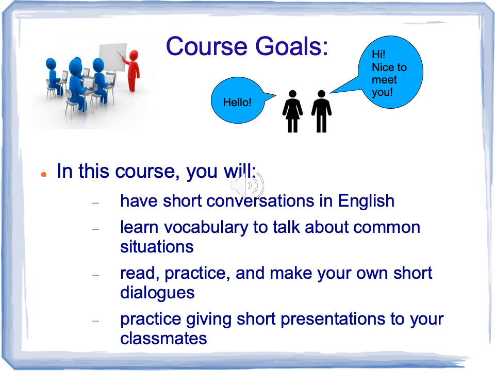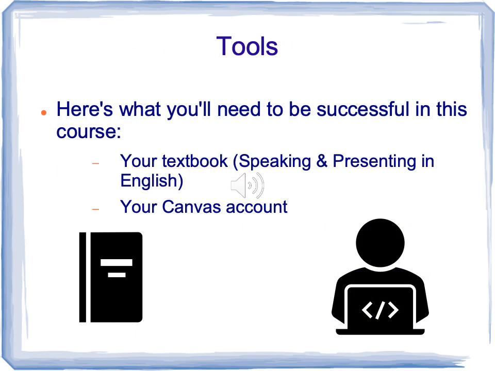Next, we'll talk about tools. So, what tools do we need to be successful in this course? Of course, you need your textbook. The textbook is called Speaking and Presenting in English. It's available in the bookstore.